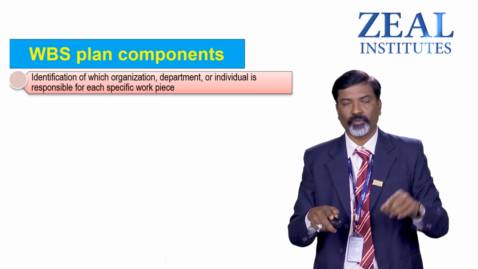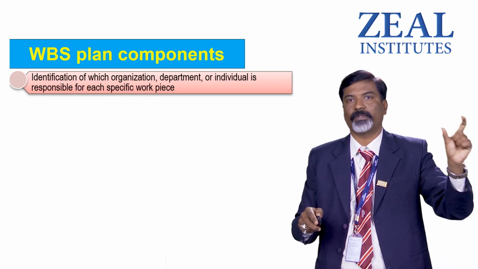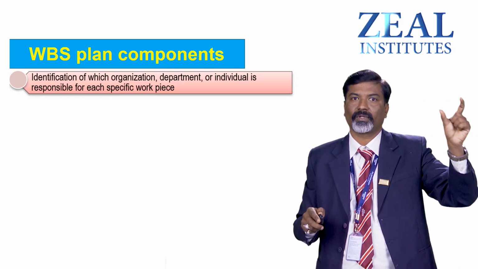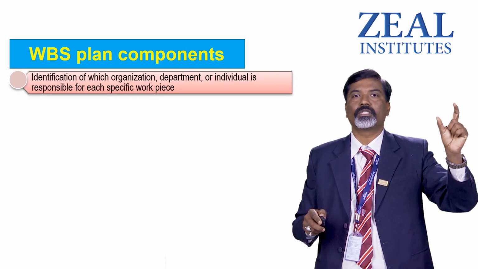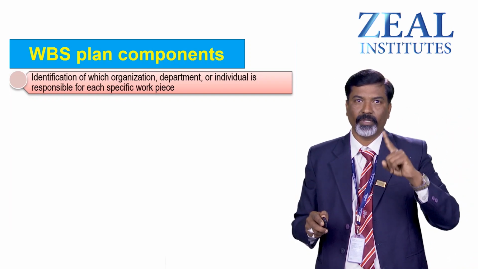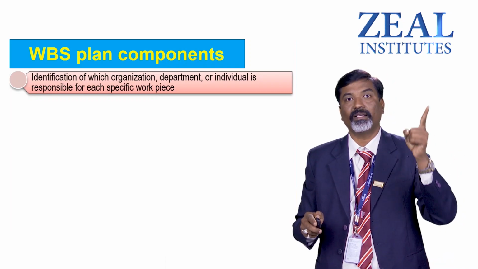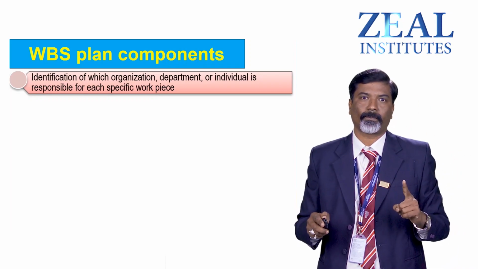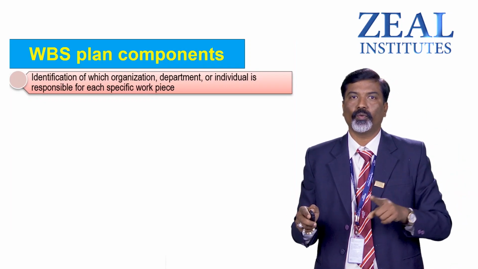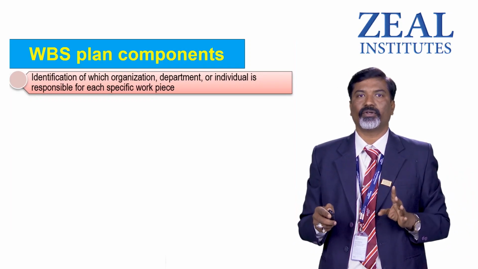For a particular project, once you identify a particular task, then you have to identify the responsibility for that task. Which department, which team, or who is responsible for this particular activity, you have to identify first. After identifying the task, you have to identify the responsible person who is involved in solving that particular issue.